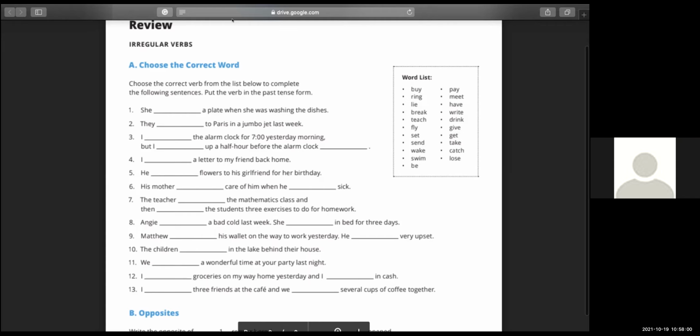Teach, taught. T-A-U-G-H-T. Yeah. And then give the students 3 exercises to do for homework. Gave. Number 8. Yes.